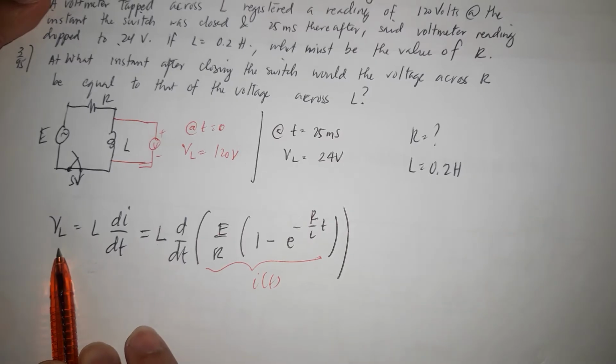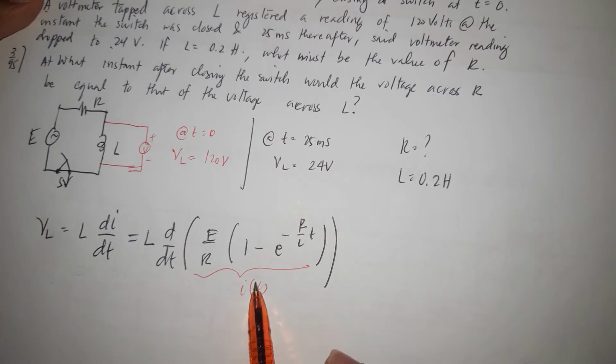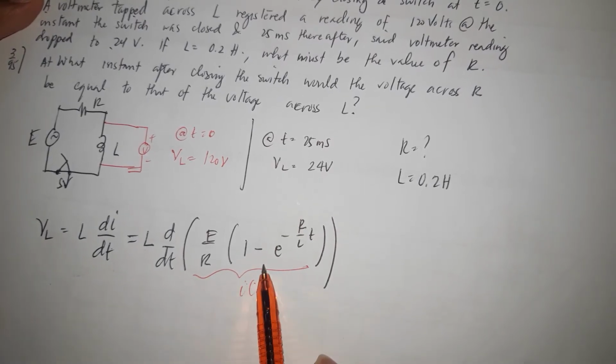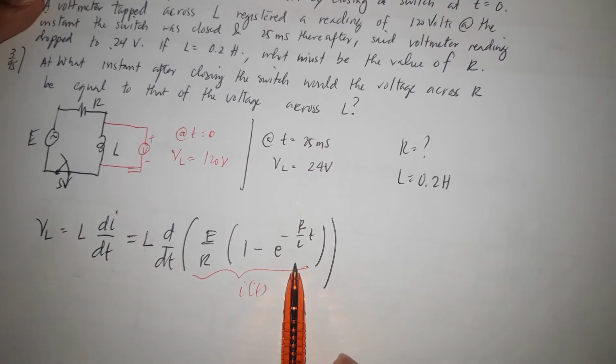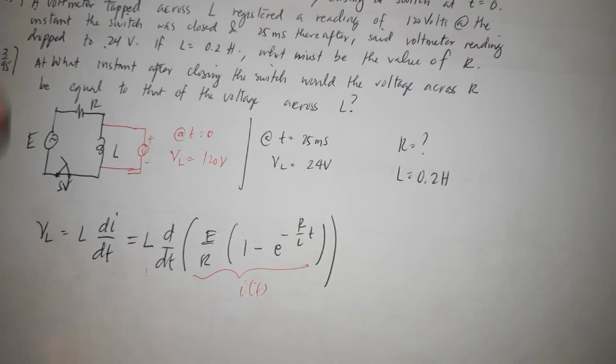VL is defined as L times the derivative of I. Taking its derivative and multiplying it by L, that therefore is your VL.